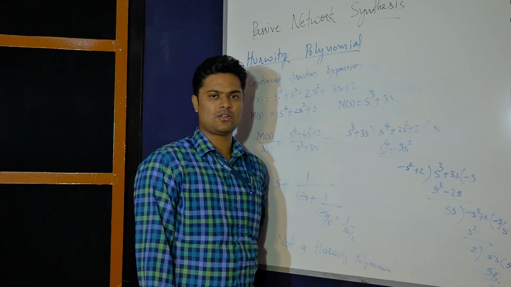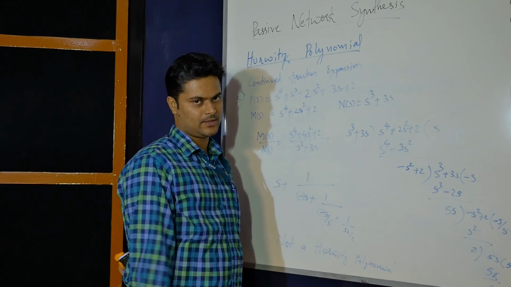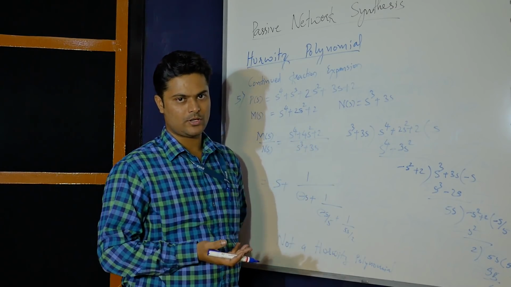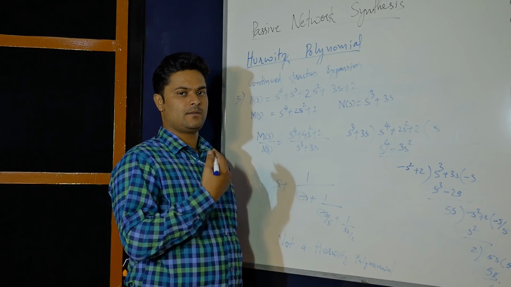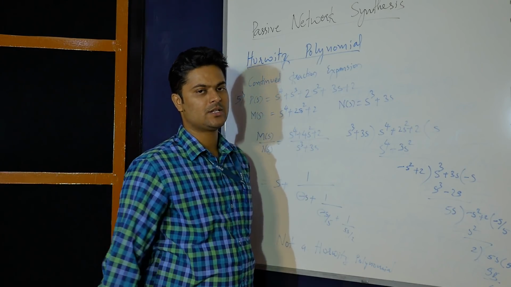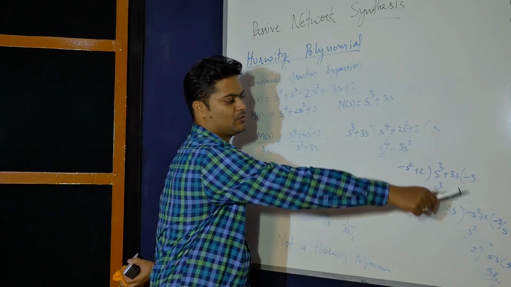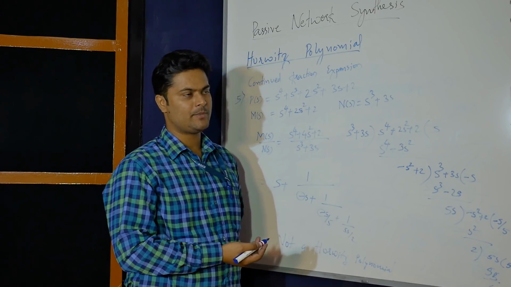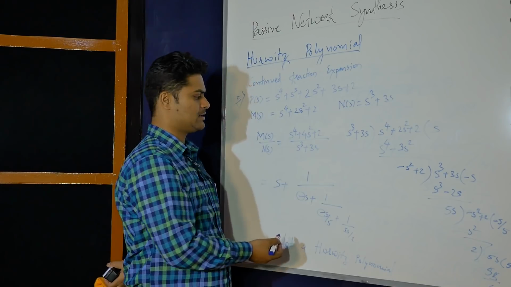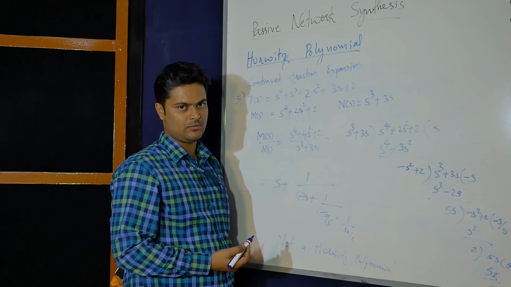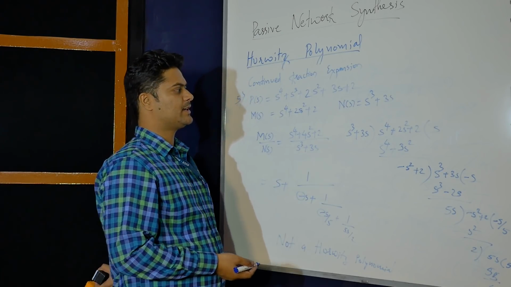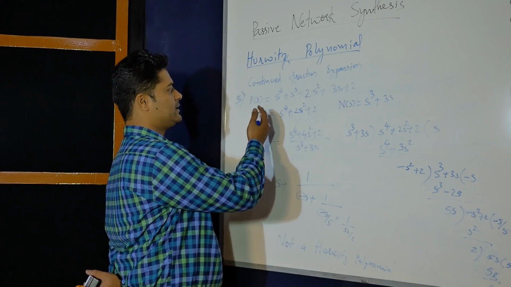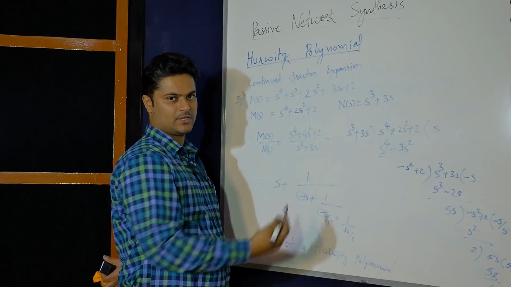So given any polynomial p of s, find out its even polynomial and odd polynomial, then find out the continued fraction expansion. If any quotient is a negative term, then tell it's not a Hurwitz polynomial. If all the quotients alpha are greater than 0, then you can tell that it's a Hurwitz polynomial. I have taken problems with s to the power 4 terms.